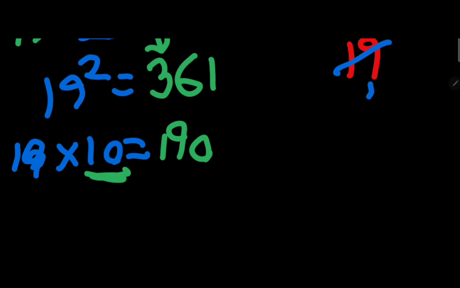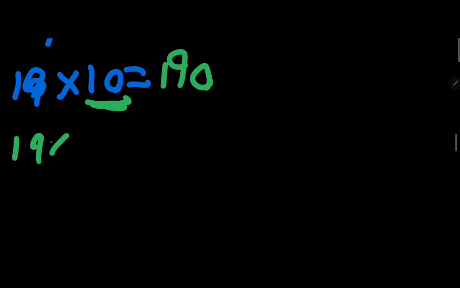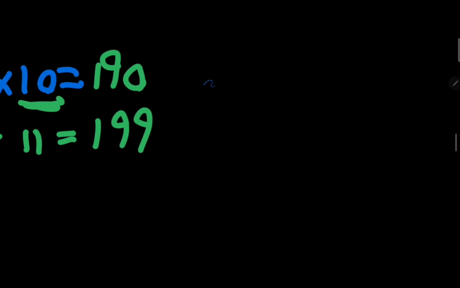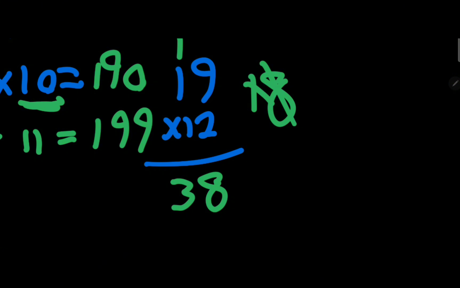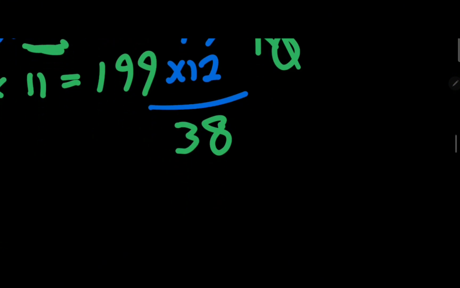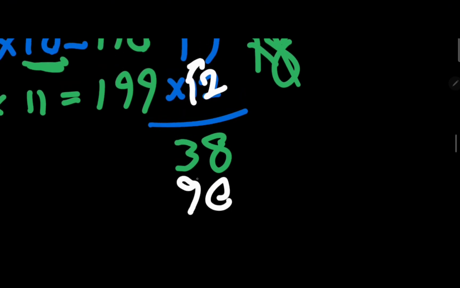Okay, is it 11? 19 times 11, let's see. Just add another 19, that's going to be 209. No. What about 19 times 12? 2 times 9, that's 18. Cross the 8, bring it down. 2 times 1 is 2, and 1, that's 3. Okay, put a 0 for the placeholder. So now we say 1 multiplied by 9 is 9, and 1 multiplied by 1 is 1.